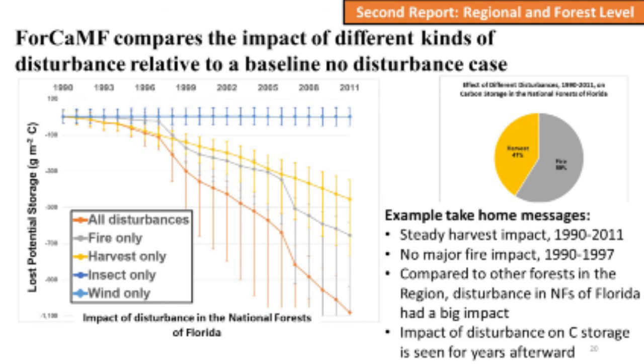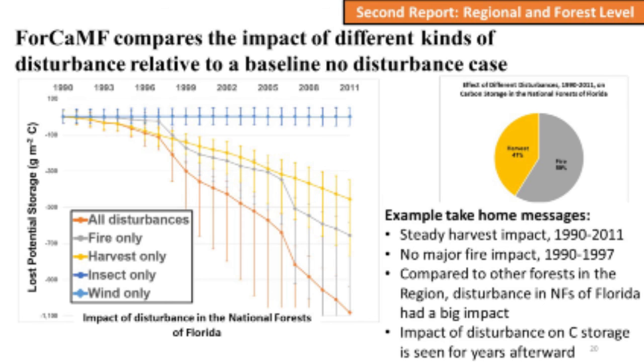The results on the left give you a lot more context about how that contribution has evolved over time. So the x-axis there is time, and the y-axis is the difference in carbon storage that is attributable to each type of disturbance. And so, if I was to help you interpret this, there's a fairly steady impact of harvest right from the beginning, right from 1990.